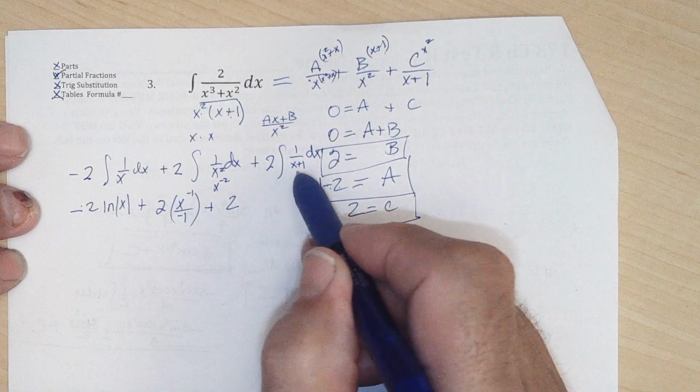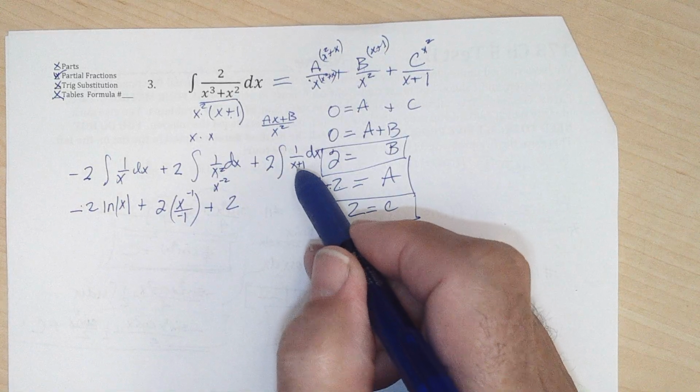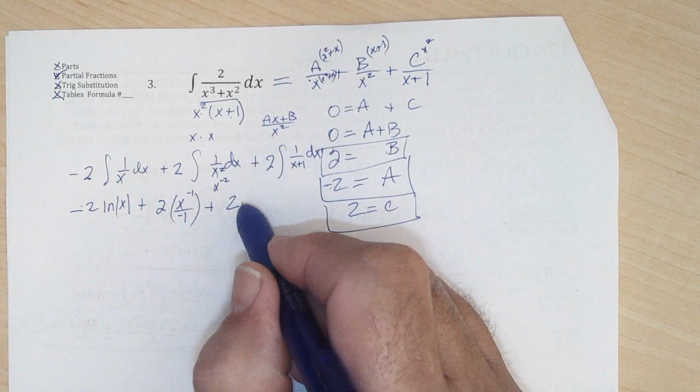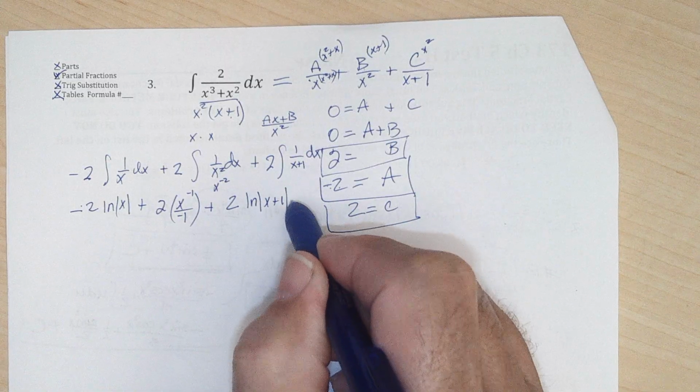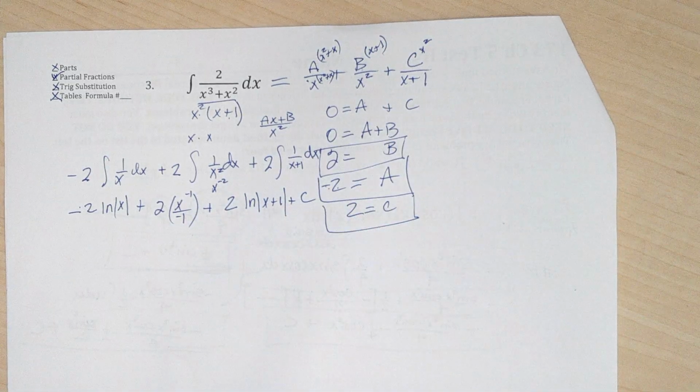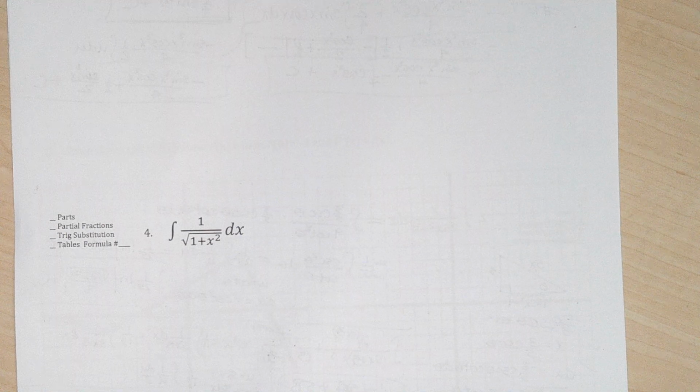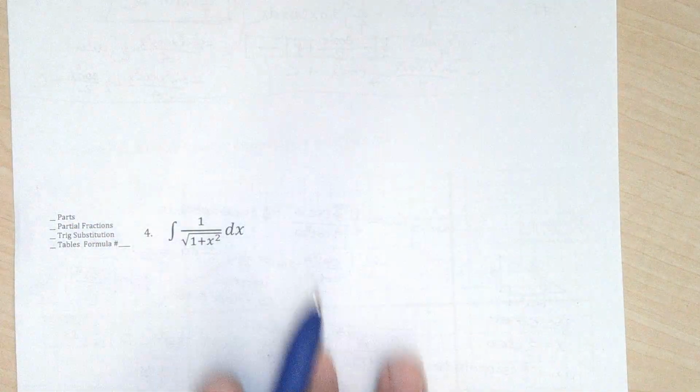If you let u be x plus 1, you find out that this is just 1 over u, so this is going to be 2 ln x plus 1 plus c. It's possible to clean that up, but that's good enough. And that's the only method that really works on that problem.